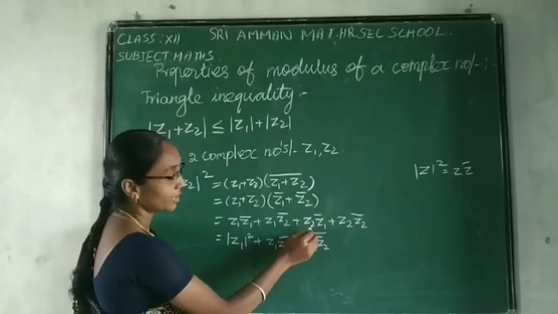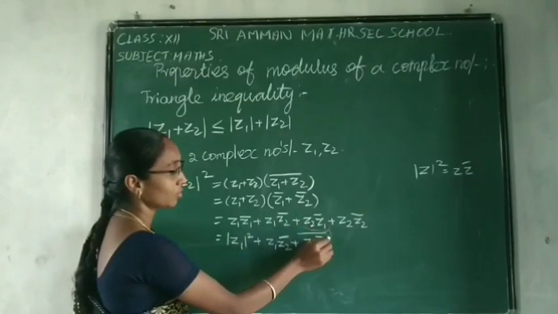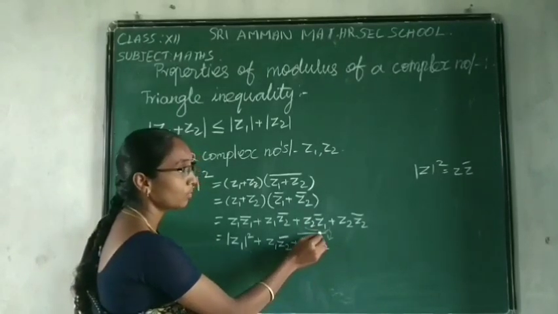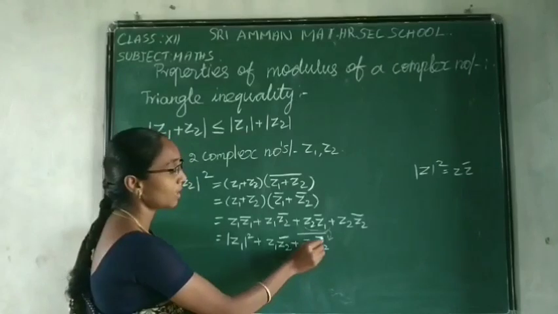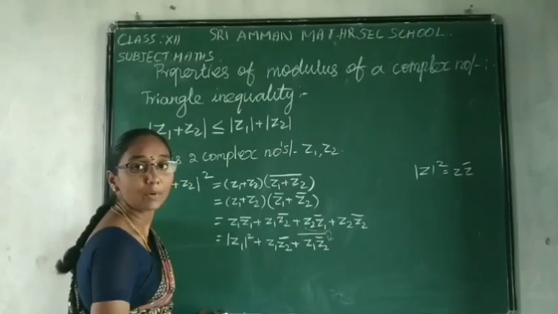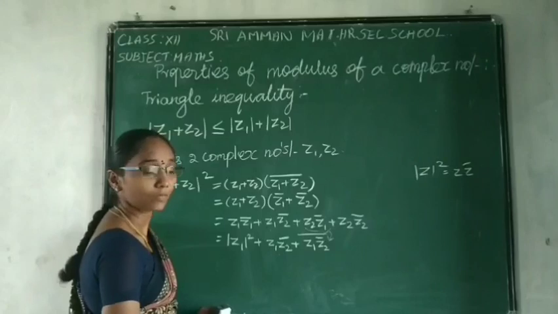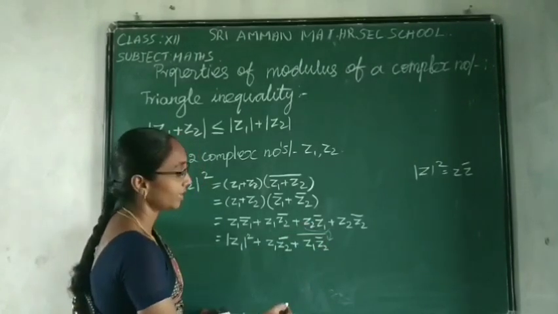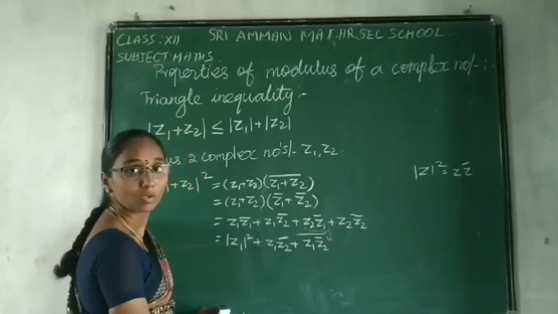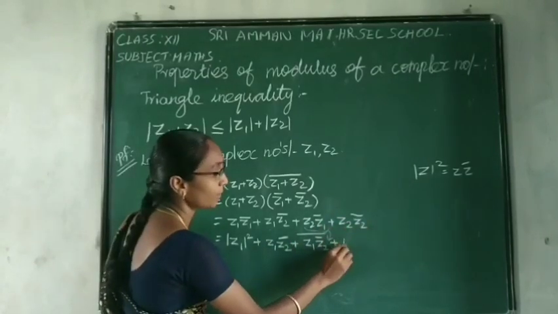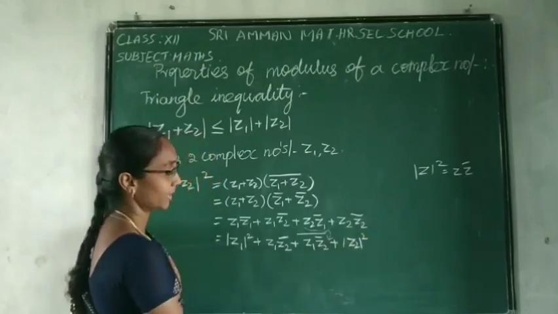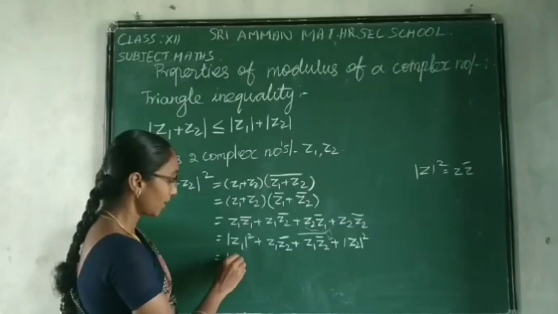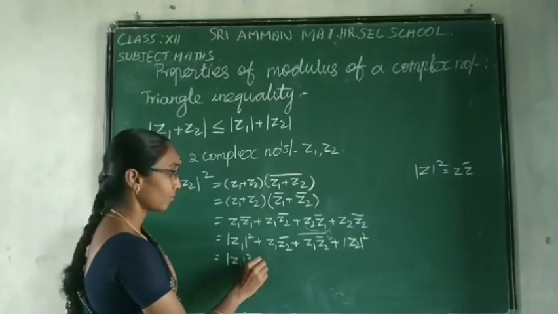Listen, I am changing this part only: z2 bar the whole bar is z2, since z bar the whole bar is z. You get it? And then plus this one is modulus of z2 square. Do you understand?